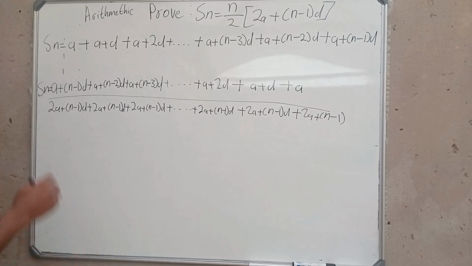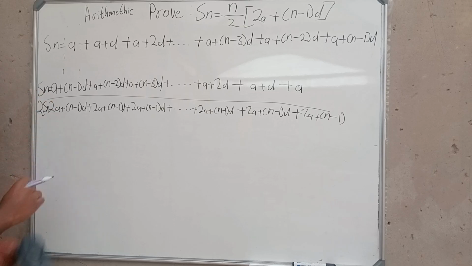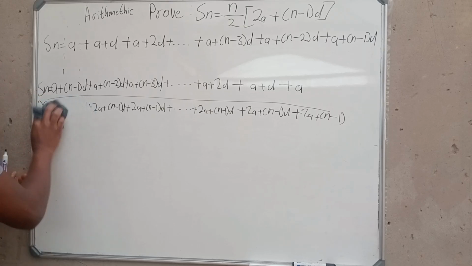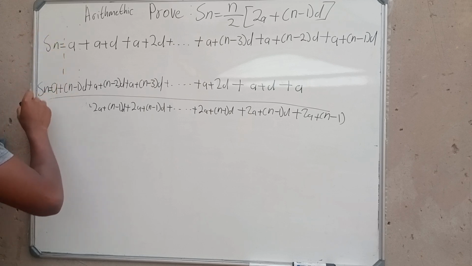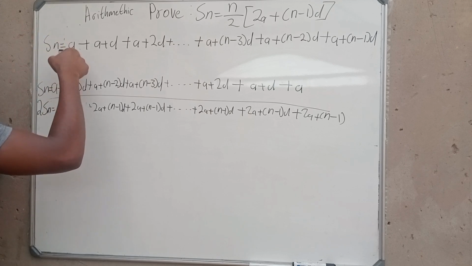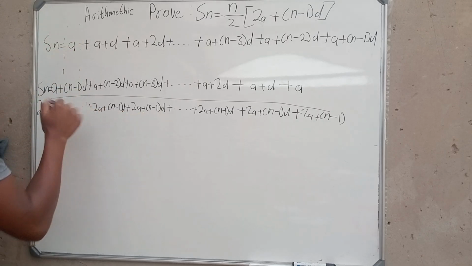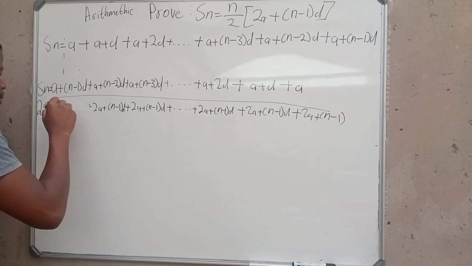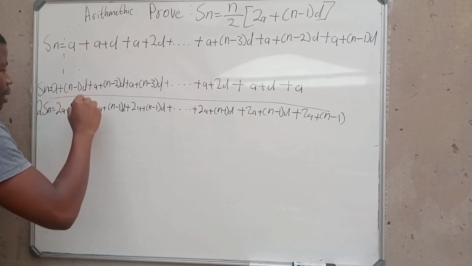Okay, then now Sn plus Sn is going to give you 2Sn. Sn plus Sn gives you 2Sn, which is equal to, do you remember here, when you add this and that, you'll get 2a plus n minus 1d.